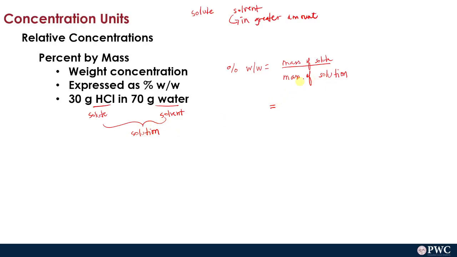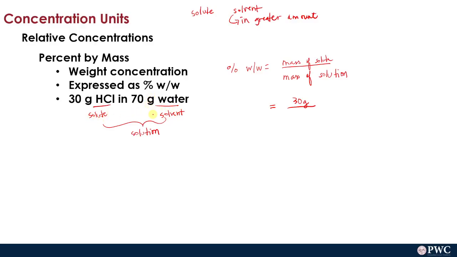So again here, we need to identify the mass of the solute. The solute is the HCl, and the mass of HCl is 30 grams. So let's put it over the mass of the solution. The solution is equal to the solute and then the solvent, so just add the mass of the solute and the mass of the solvent.